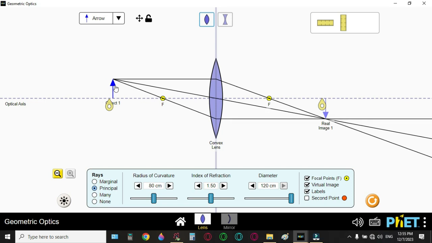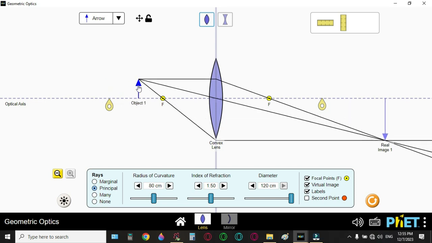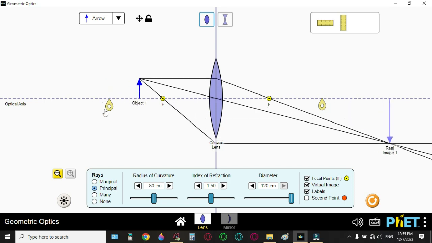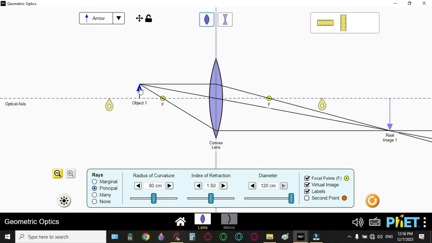Now, if the object is located between the center of curvature and the focal point, the image will most likely be formed beyond the center of curvature on the other side of the lens. So just like this. Again, if the object is between the center of curvature and the focal point, the image will be formed beyond the center of curvature on the other side of the lens.